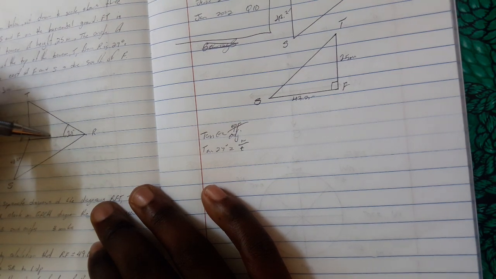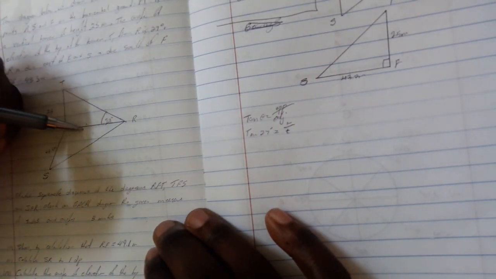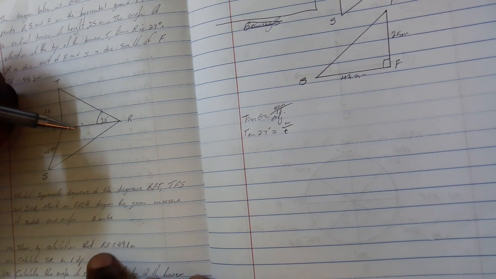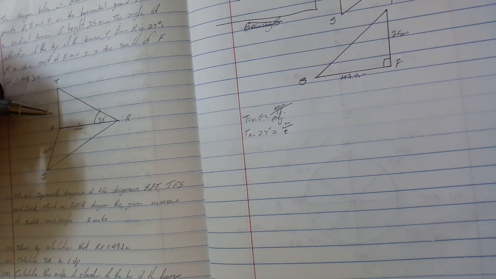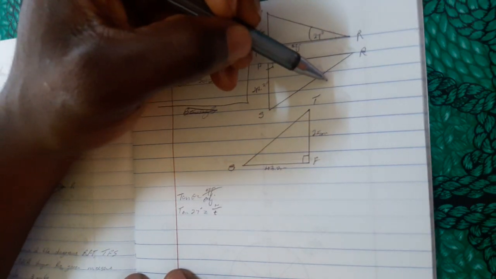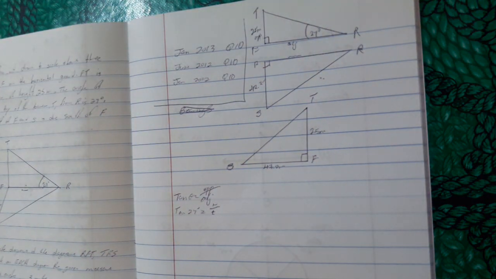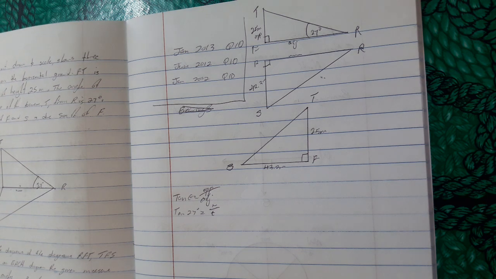Oh, okay, I figured it out. When you find this length here, which is RF, whatever it is, you have to use the Pythagoras theorem. This is the hypotenuse, this is the other two sides. Pythagoras theorem states that the square of the hypotenuse is equal to the sum of the squares of the other two sides. So you can get that easily.